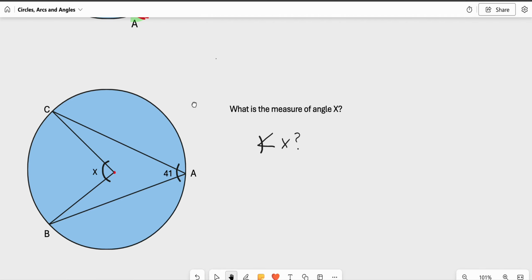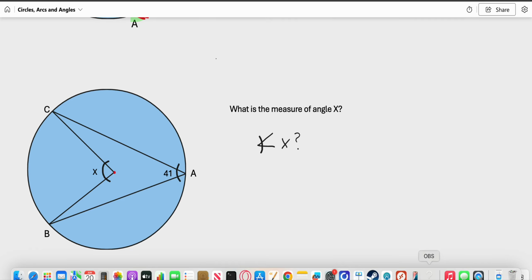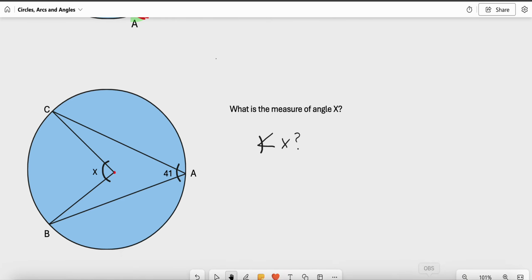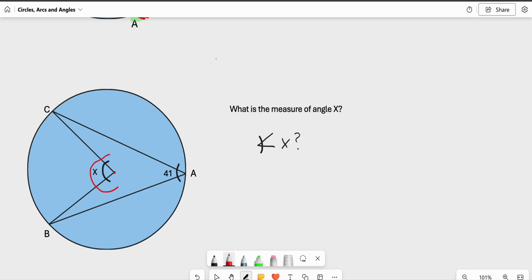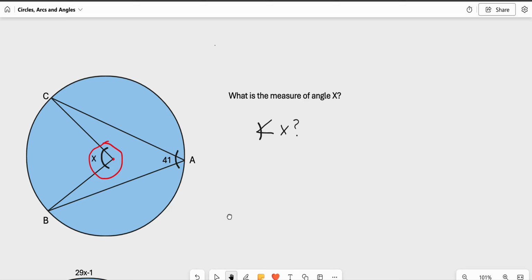And in this one, we need to find this angle, angle X. Now, again, it's the same process. We need to look at the type of angles that we have in this problem.